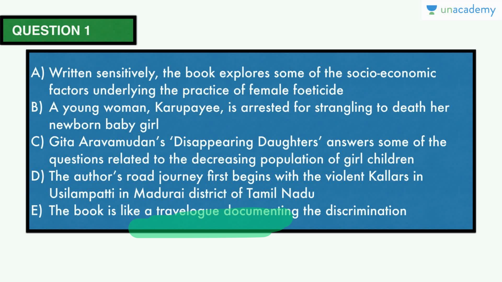The author's road journey first begins with the violent colors, and then what are you going to talk about, A or B? Written sensitively, the book explores some of the socio-economic factors underlying the practice of female feticide. A young woman, Karupai, is arrested for strangling to death her newborn baby girl. Okay, B will come first. This is a case.